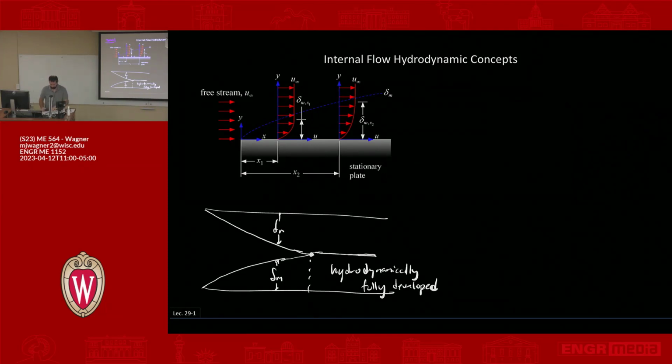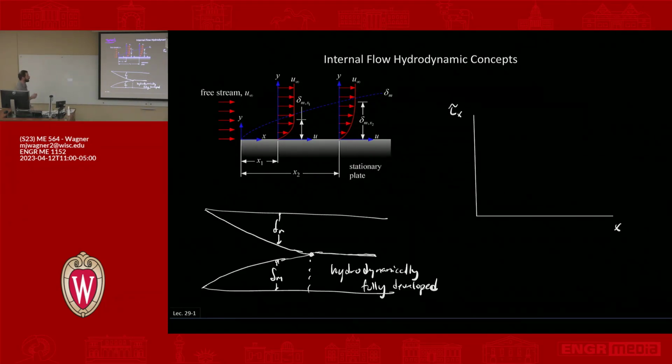Let's talk a little further about that shear stress. If I plot it as a function of position x, the local shear stress, tau x, let's start with external flow.